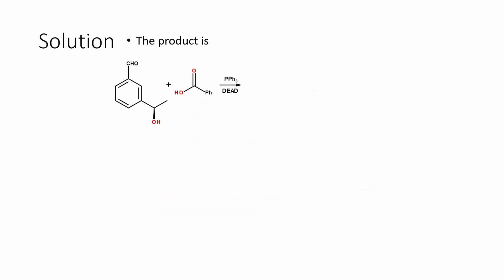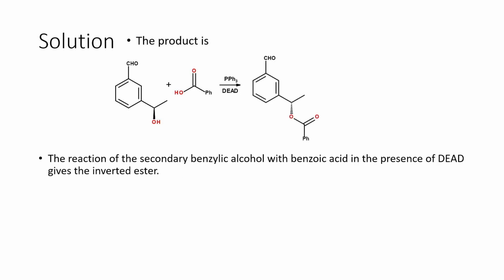Let us look at how the reaction actually proceeds. So in the first step, when we treat the secondary benzylic alcohol with benzoic acid and triphenyl phosphine diethyl azodicarboxylate reagent, that leads to the inversion of the stereochemistry of the hydroxy carbon.